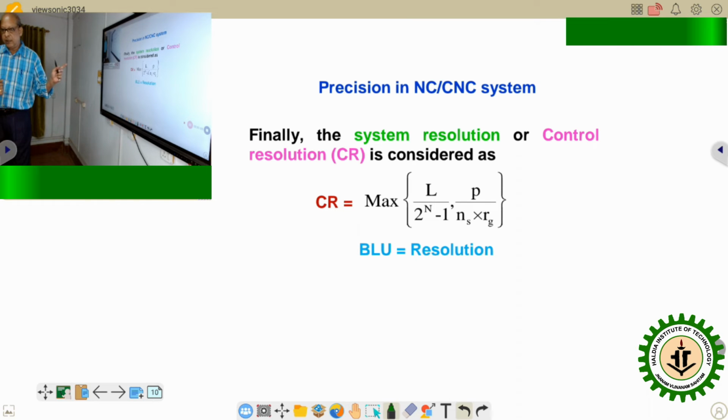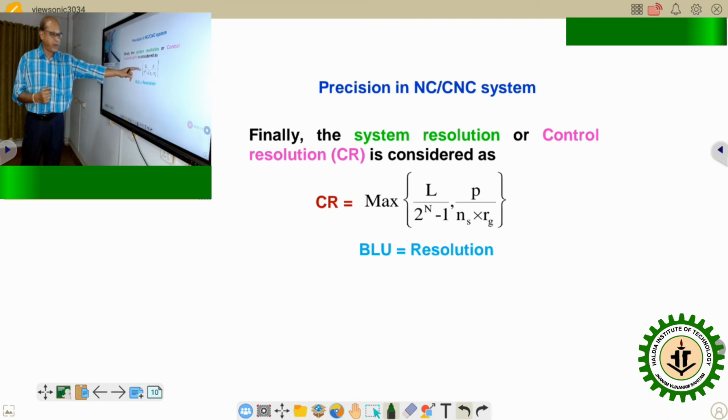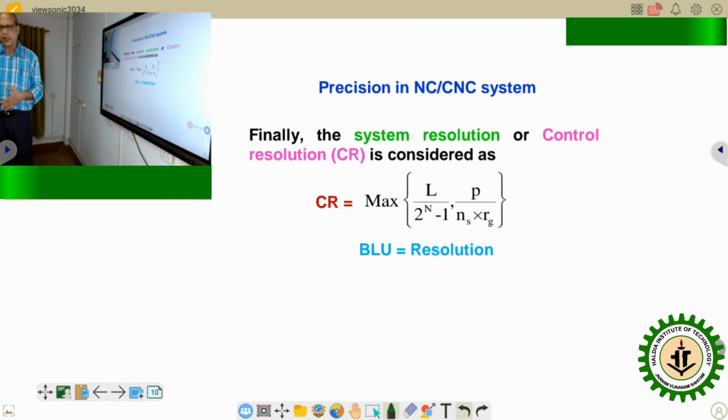That is why the final system or control resolution is considered whichever is the maximum out of these two, one through the microprocessor, another through the mechanical system. In the majority of cases, if you take n equal to 32, it will be extraordinarily high, 65,000 something like that.